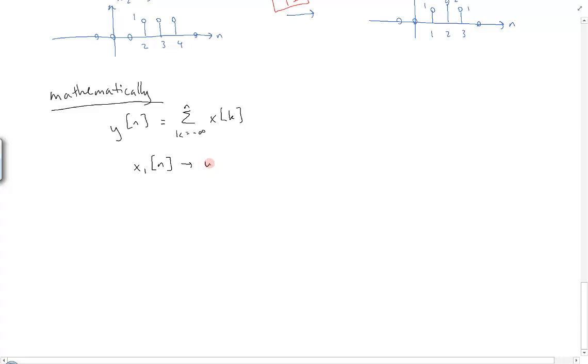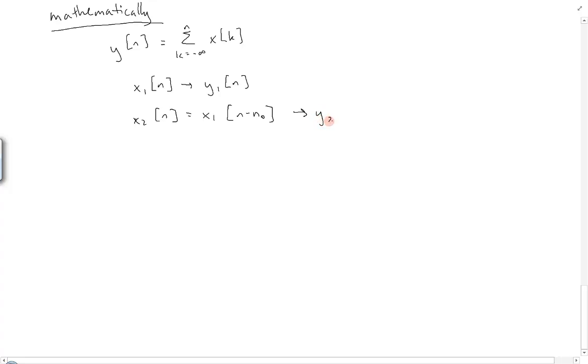Again, any signal, and that's going to bring about y1. x2 is going to be x1 shifted by any n0, again not specifying anything, and this brings about the output y2 of n.